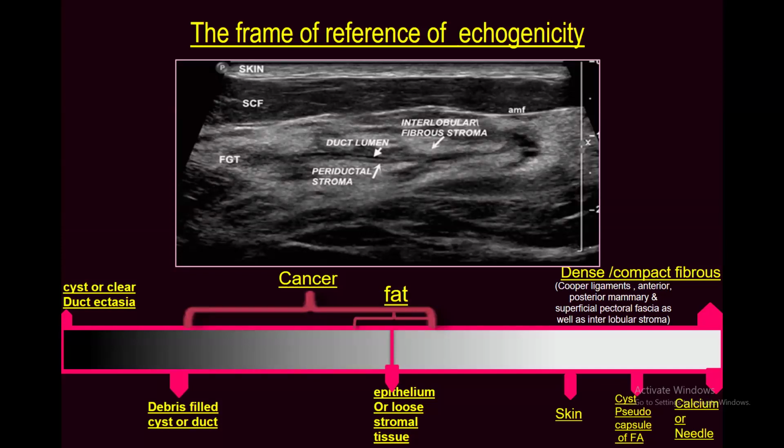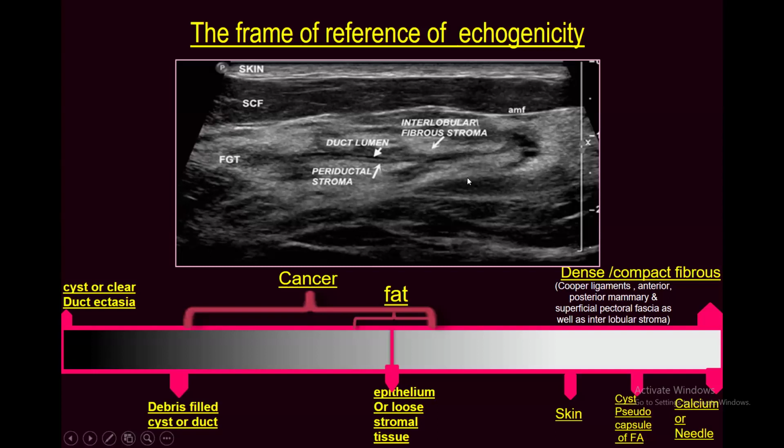We have structures equal to the fat, and we call them isoechoic. Any lesions having echogenicity less than fat will be hypoechoic, or anechoic in the extreme to the left. And we said this is important because most of the cancers are in this region.